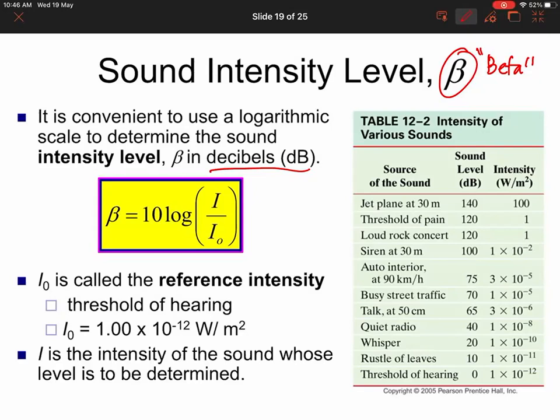I, that's the intensity of the sound whose level you want to determine. That beta there is intensity level. I is the intensity that you usually want to determine. I0 is constant. It's always 1 times 10 to the minus 12 watts per meter squared.